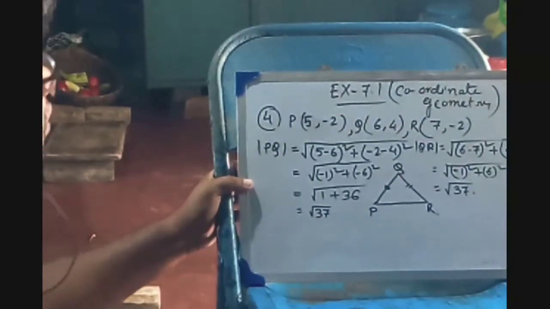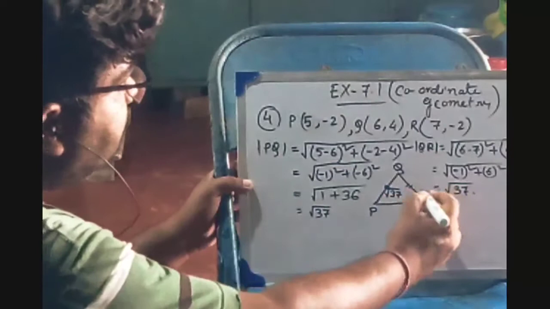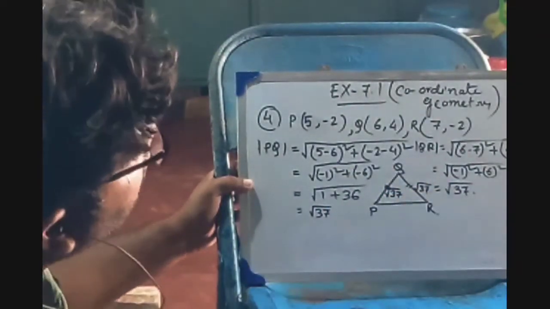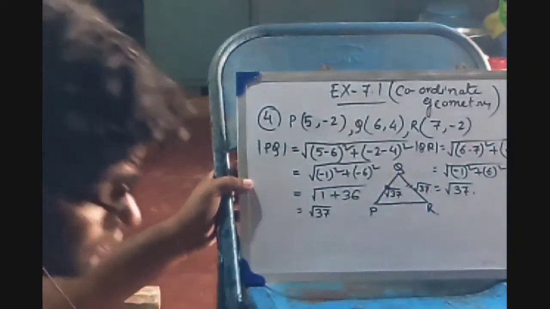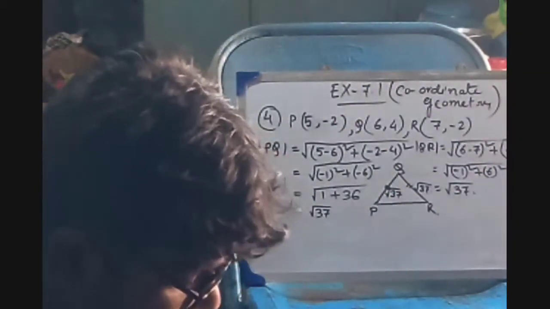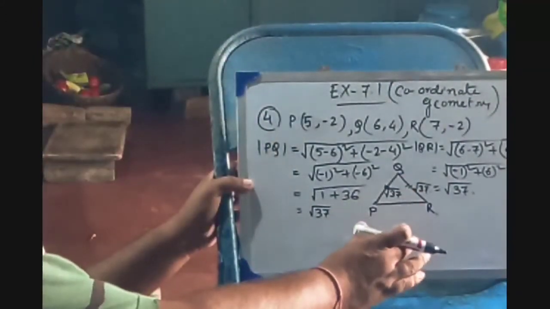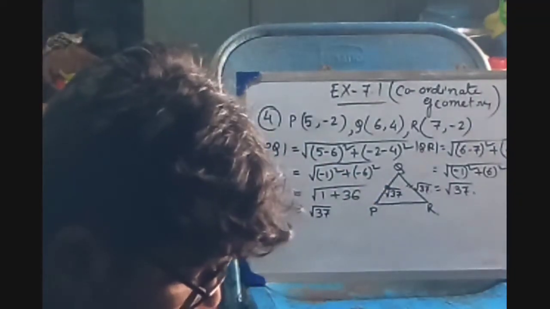Understand? So this is root 37 and this is also root 37. So we can easily tell that yes, these are the vertices of an isosceles triangle. Understand? Next move to question number 5.